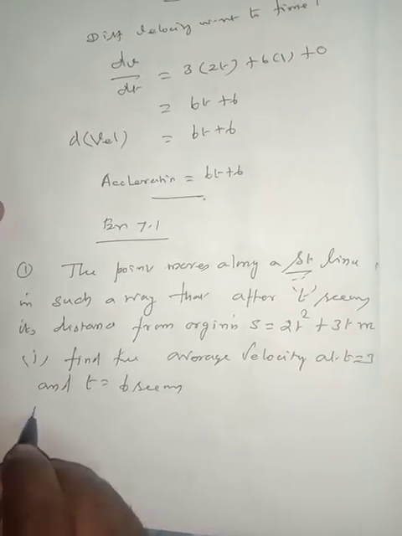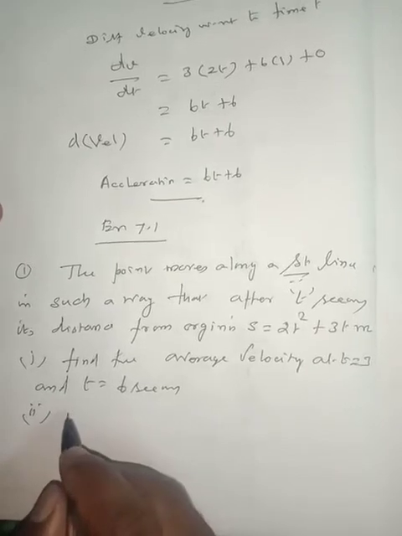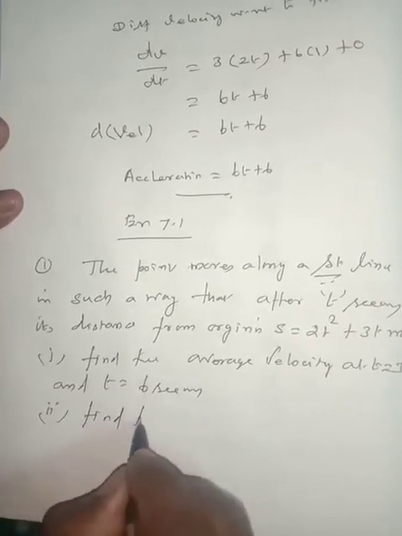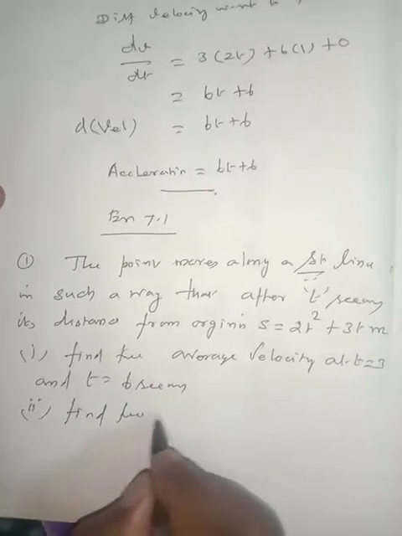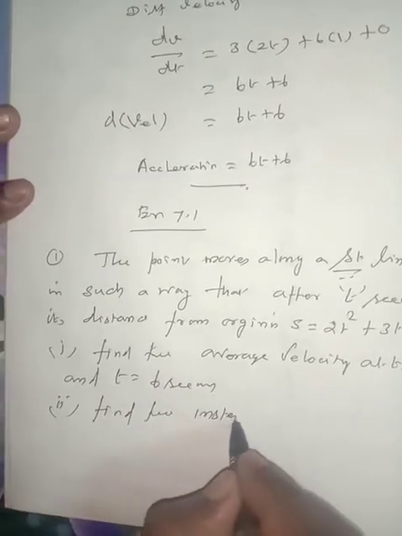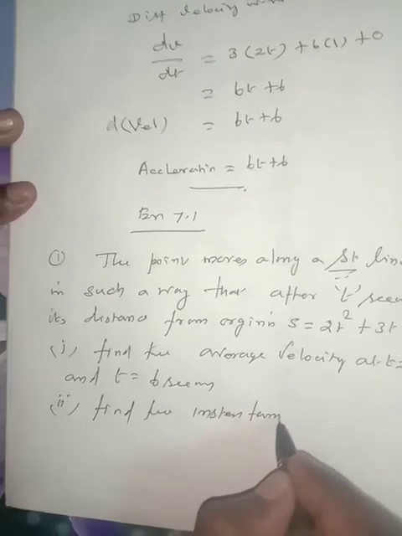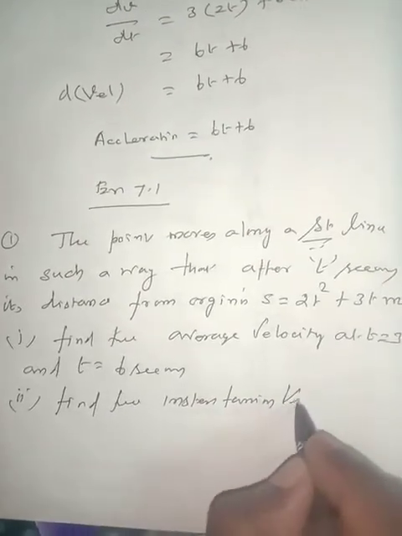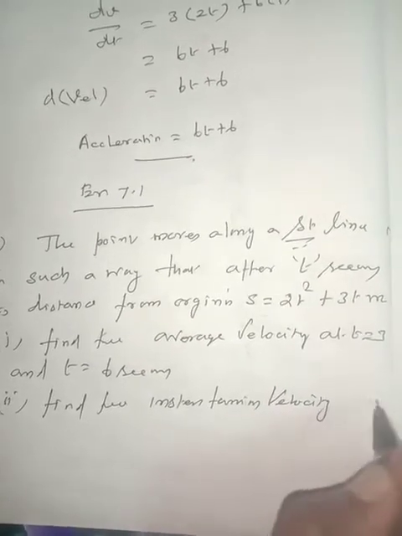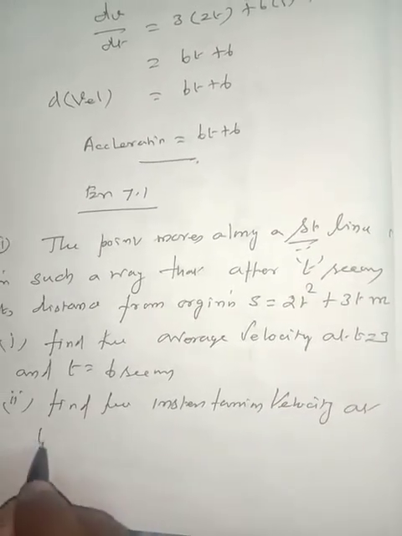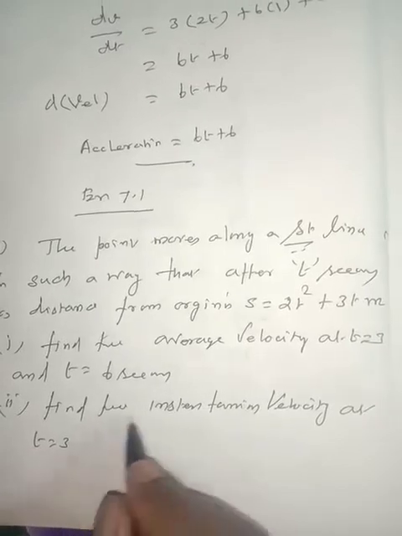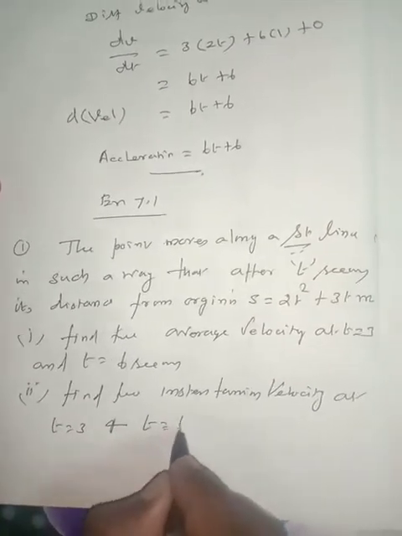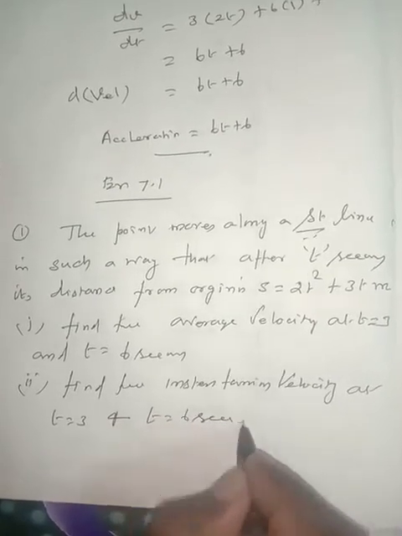And number 2, find the instantaneous velocity at time t is equal to 3 and time t is equal to the same 6 seconds.